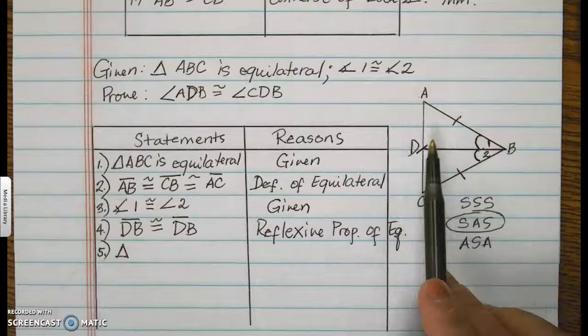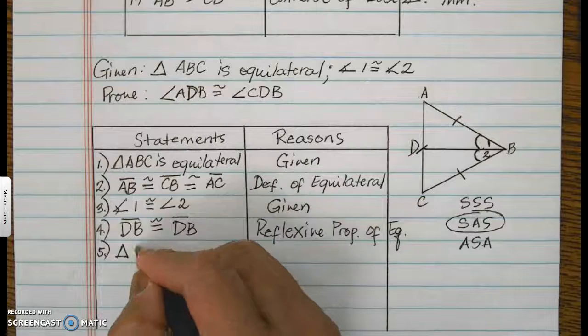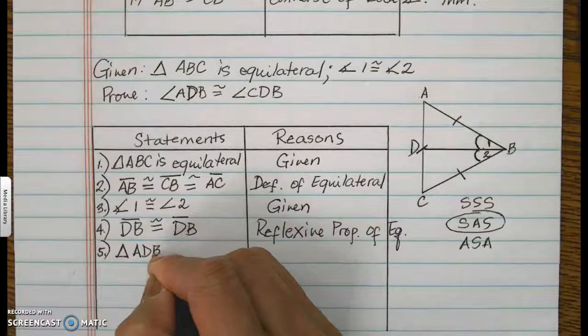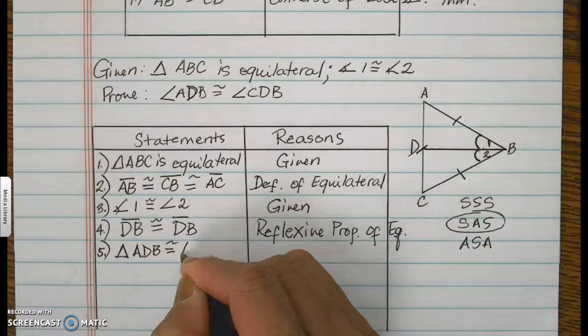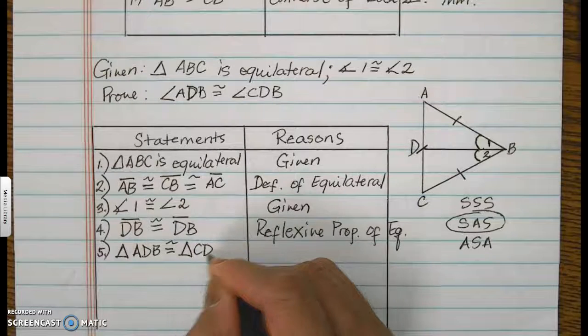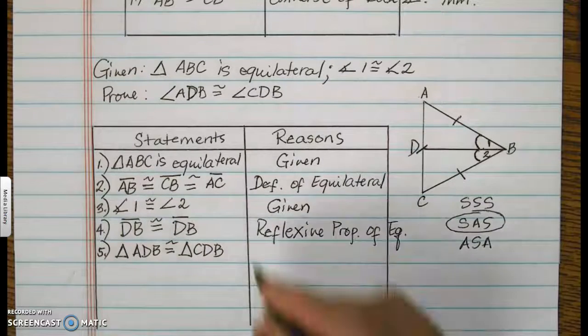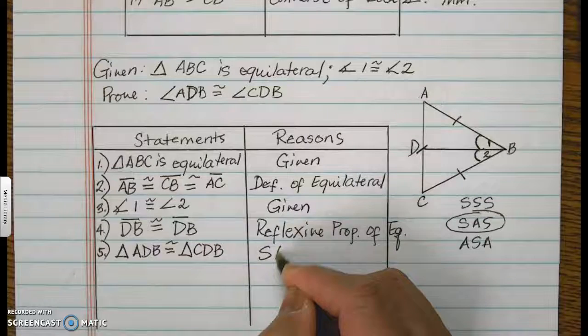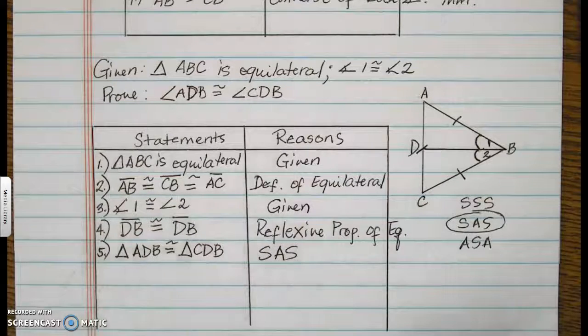Okay. And then after doing that, I can now establish as my fifth statement that triangle ADB is congruent to triangle CDB, and it's because of the side-angle-side postulate.